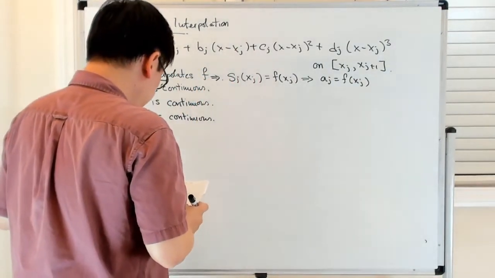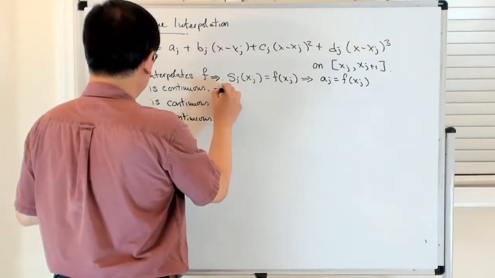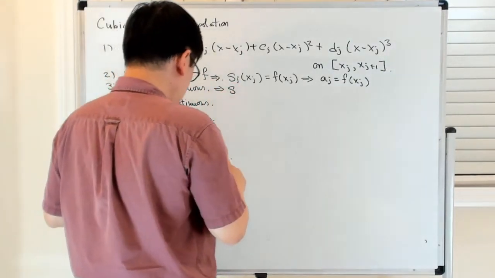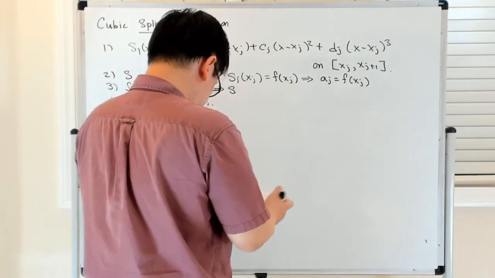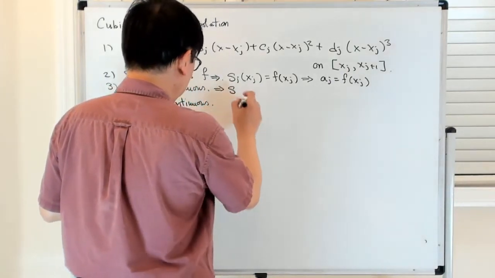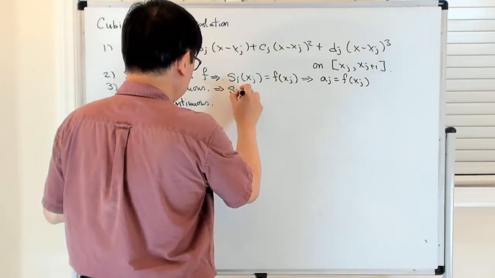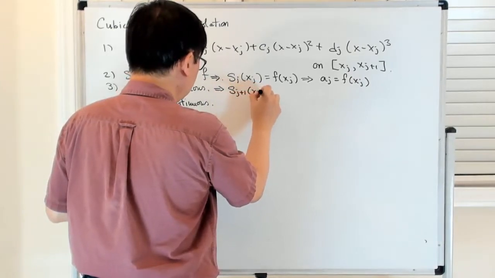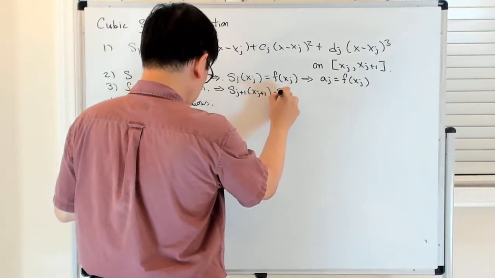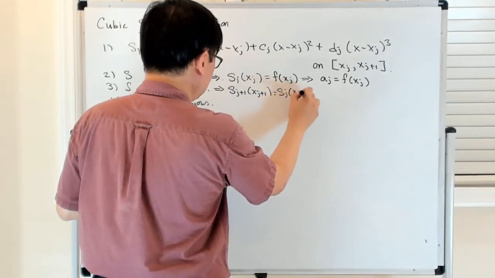All right. So the second condition is that S is continuous. So S_{j+1}(x_{j+1}) is equal to S_j(x_{j+1}).